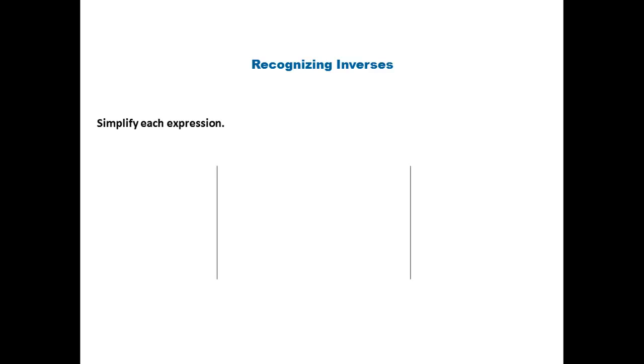Alright, let's do a few more examples of those. Simplify each expression. If we're going to simplify this, we're thinking 3 to the what equals 3 to the 11th. So the answer has to be 11. A little more work with this one.